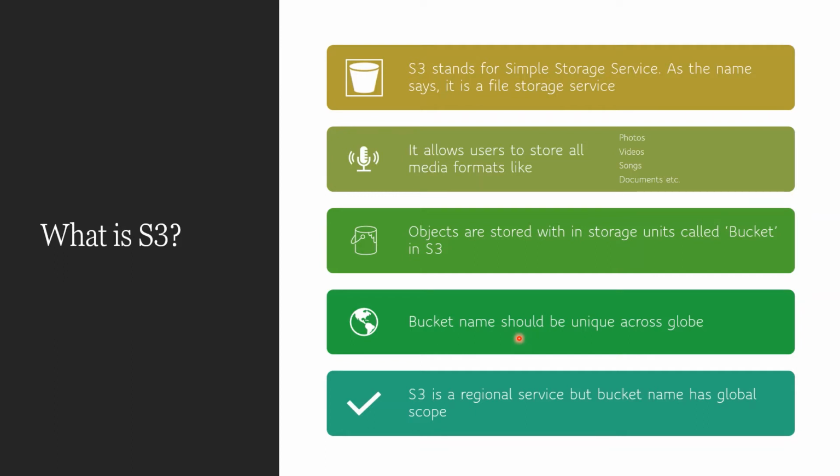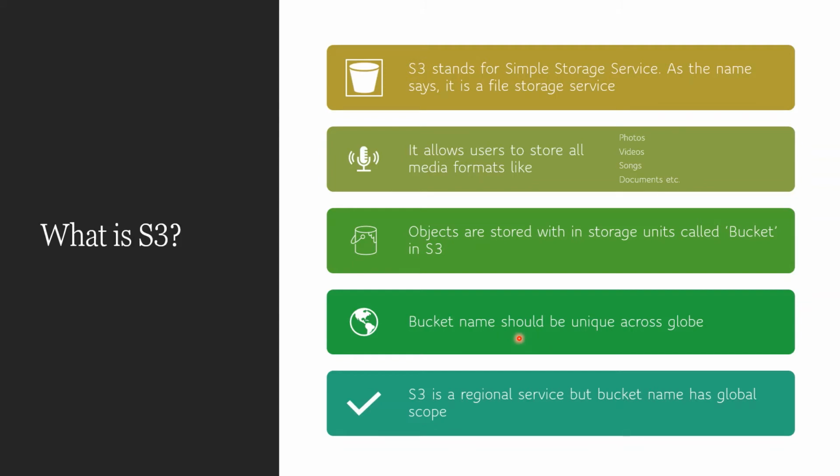If I create my bucket in the region of Mumbai, then whatever I upload into the bucket will also be stored in the Mumbai data center. But the name that I use for my bucket should be unique among global users. If I pick a name, the same name cannot be picked by anyone across the globe for their S3 buckets.